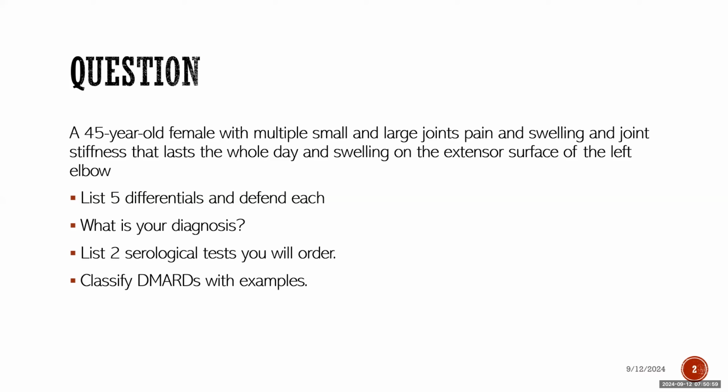It actually directs your thoughts towards rheumatoid arthritis. Then also, I know the DMARDs can be used in other conditions. But here, I was being told to classify DMARDs. So I would use that as a guide towards knowing what I'm answering, although it can be used for the other spondyloarthritis.